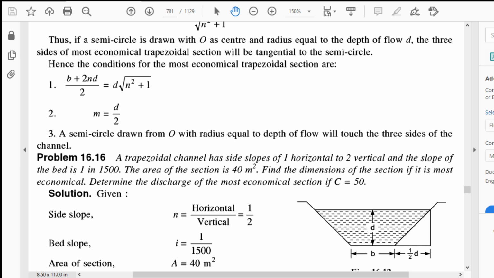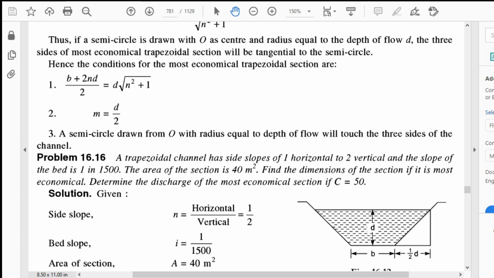In the next video we will study the numericals for the most economical trapezoidal section, and one more shape for the most economical section remains, that is the circular section. So in the next video we will go through the most economical circular section and the trapezoidal section numericals.